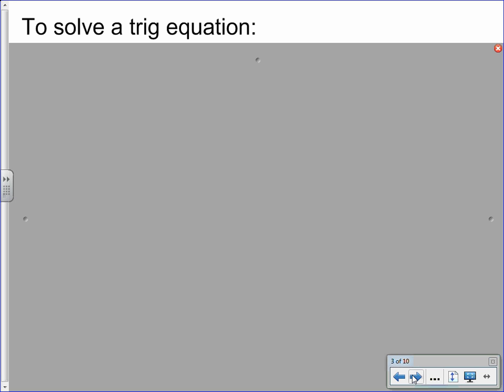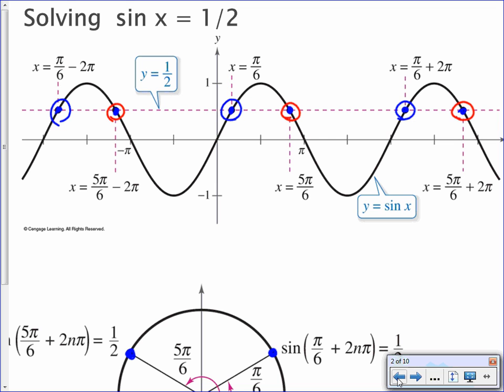Obviously, they're all going to be trigonometric, but do you have a linear trig function or a nonlinear trig function? Linear means what? How do I identify a linear function? Not to a power. So the sine of x equals 1/2, that would be considered linear because the sine is not raised to a power.